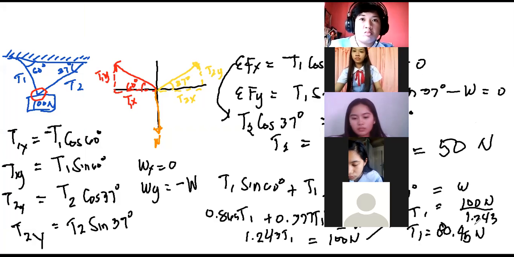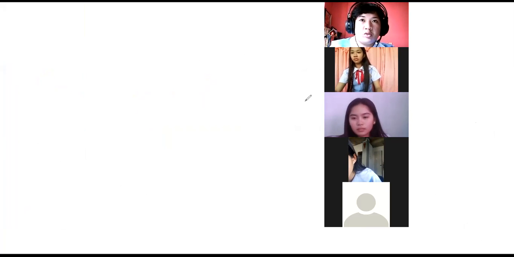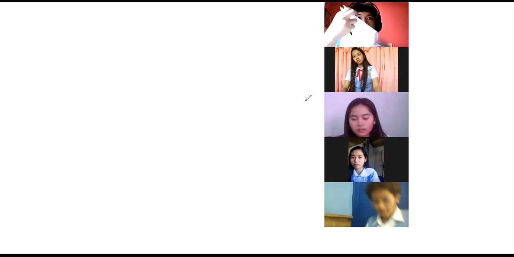Okay, next screenshot rin. So let's have the second example. Now, in the second example, we have a box, no? So we have a ladder here, and there is a certain strut.